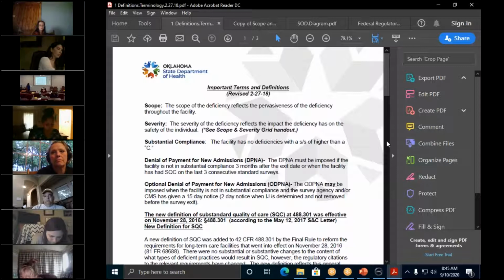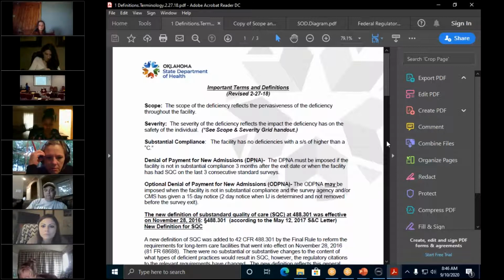Okay, denial of payment for new admissions. The DPNA must be imposed if the facility is not in substantial compliance 3 months after the exit date, or when the facility has had a substandard quality of care on the last 3 consecutive surveys.